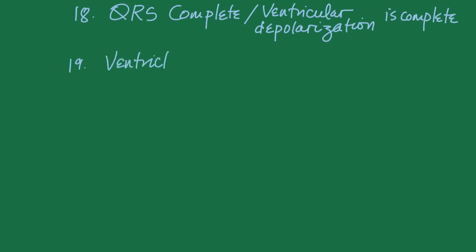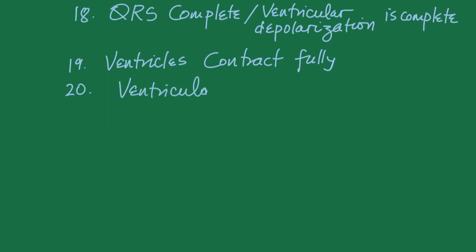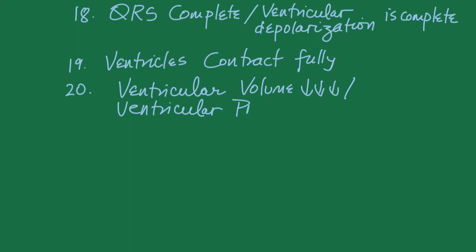The fully is important because it has an effect on ventricular volume. Ventricular volume decreases greatly because the ventricles contract fully. There's no space. So ventricular volume decreases greatly, which means ventricular pressure will increase greatly.